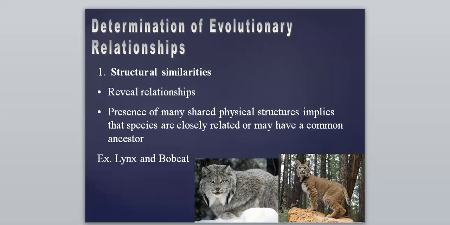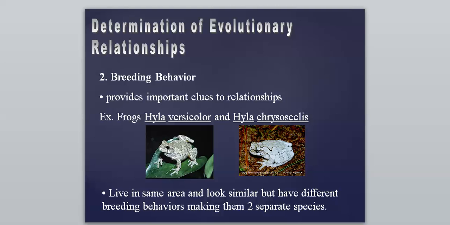So we can tell that they have some type of evolutionary relationship because, again, it's just obvious, just look at them. Another key point that we can look at is breeding behavior, and this provides important clues to relationships. In this picture we have Hyla versicolor and Hyla chrysoscelis, sorry, that's a tough one to say. Just by looking at these, they're very similar, and if we just looked at physical characteristics, we might group these two together.